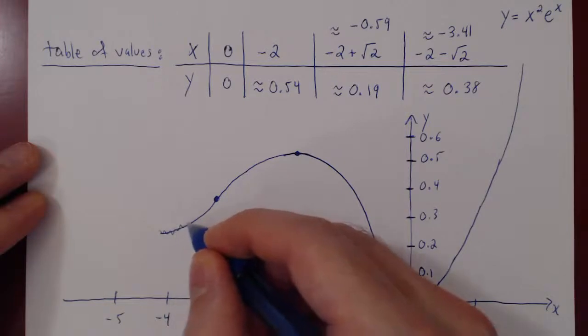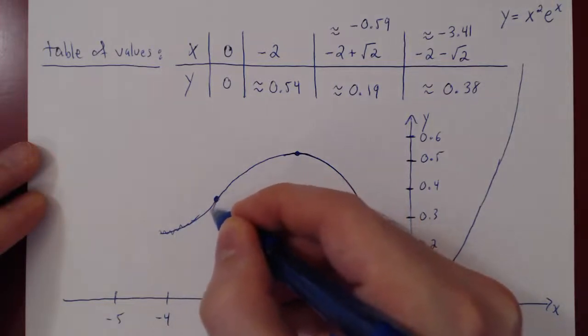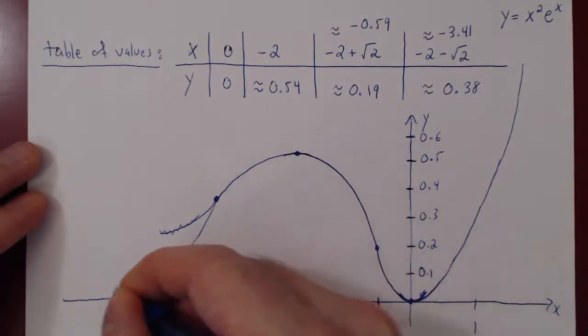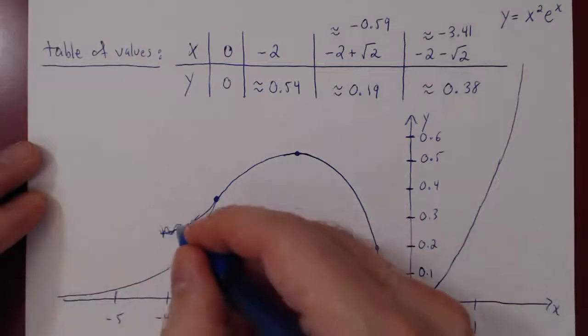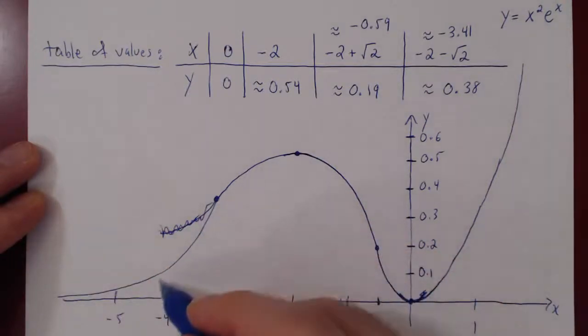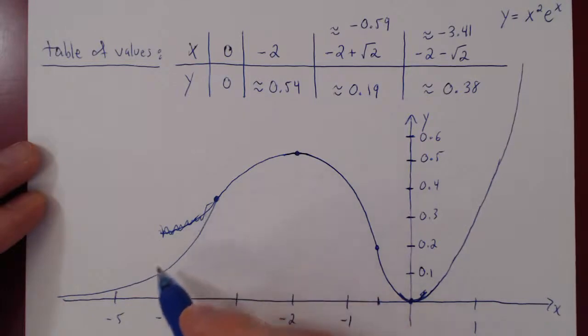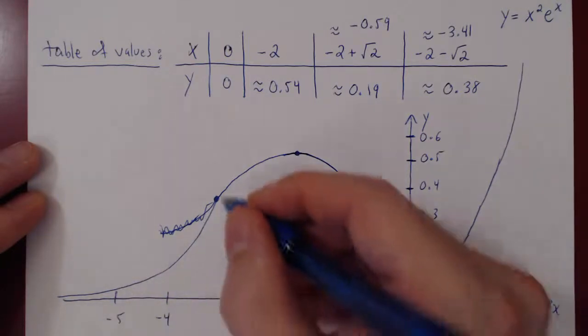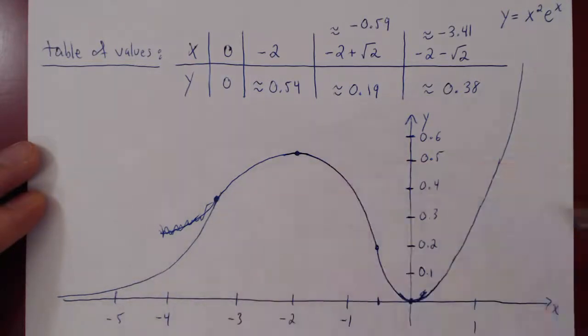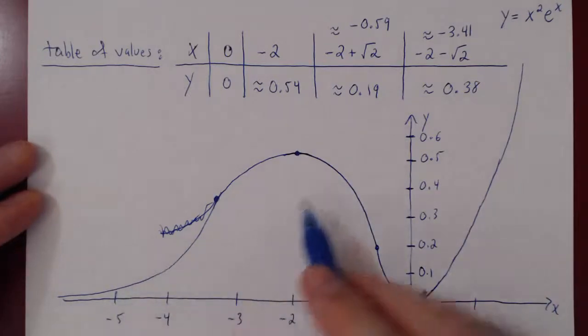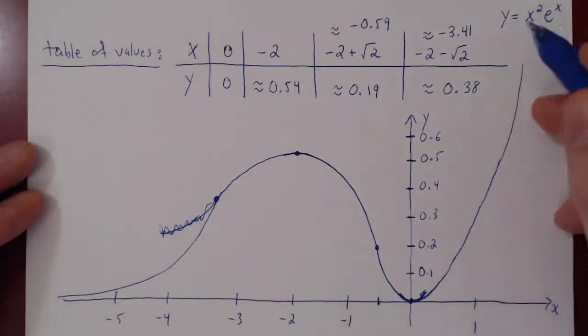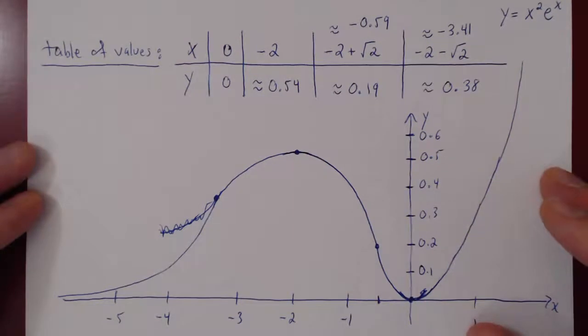So I'll just tweak this a little bit and say it goes like this. So it is concave up and increasing, but as we have just said, as x becomes bigger and bigger negatively, y will be approaching 0. And now we have an accurate sketch of the function x squared e to the x.